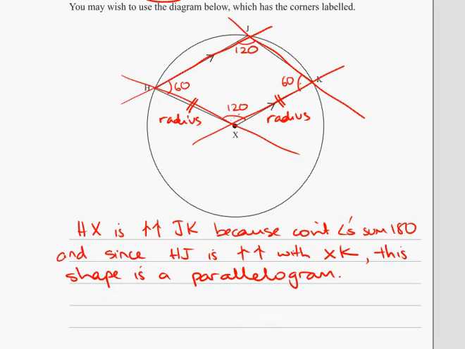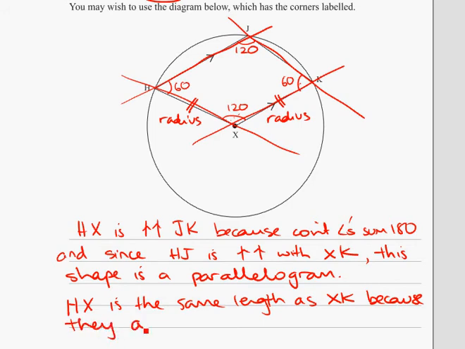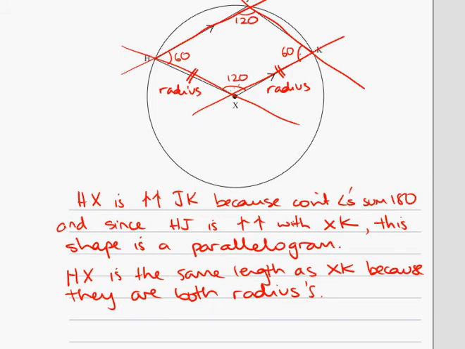So we can say that HX is the same length as XK, because they are both radiuses, or radii would be the plural, but radiuses, they'll know what you mean. Radii is the correct plural.